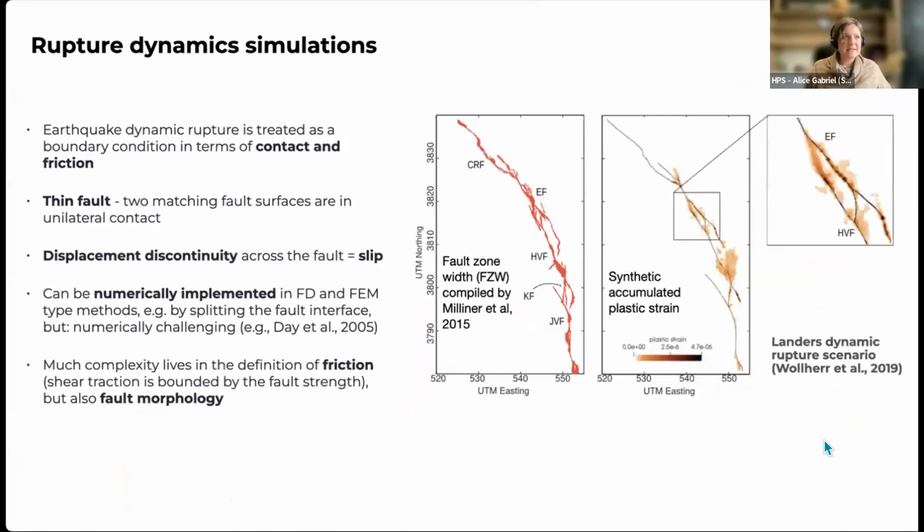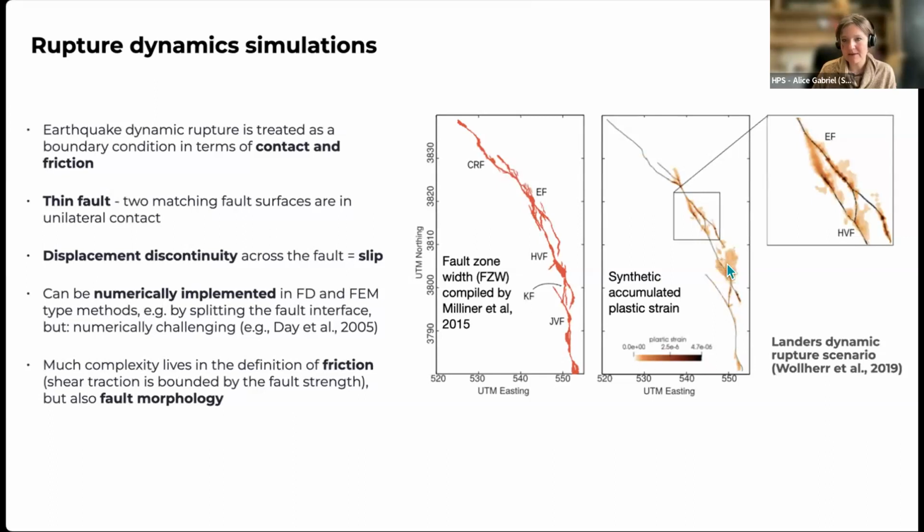Much of the complexity that we will see in these models lives in the definition of friction, so how exactly shear traction on our faults is bounded by fault strength, but also in terms of fault morphology. Here's an example of a map view of a dynamic rupture simulation of the 1992 Landers earthquake, in which we also allowed for off-fault damage.